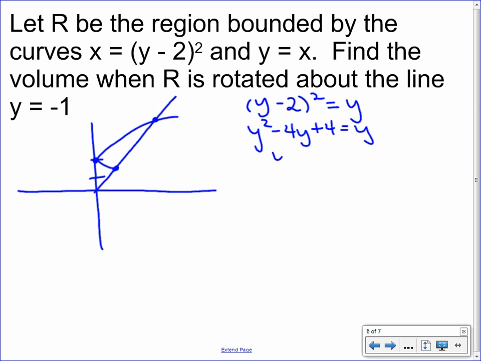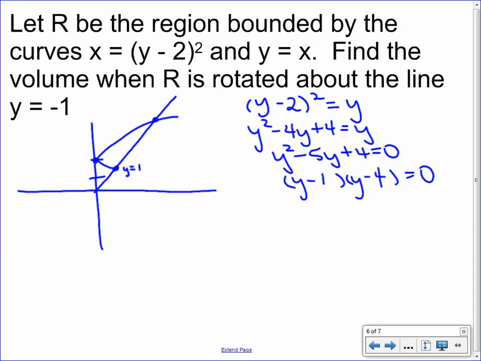So now we have y squared minus 5y plus 4. Okay, so here we're at y equals 1, here we're at y equals 4. Okay, that helps us with our limits of integration, right?